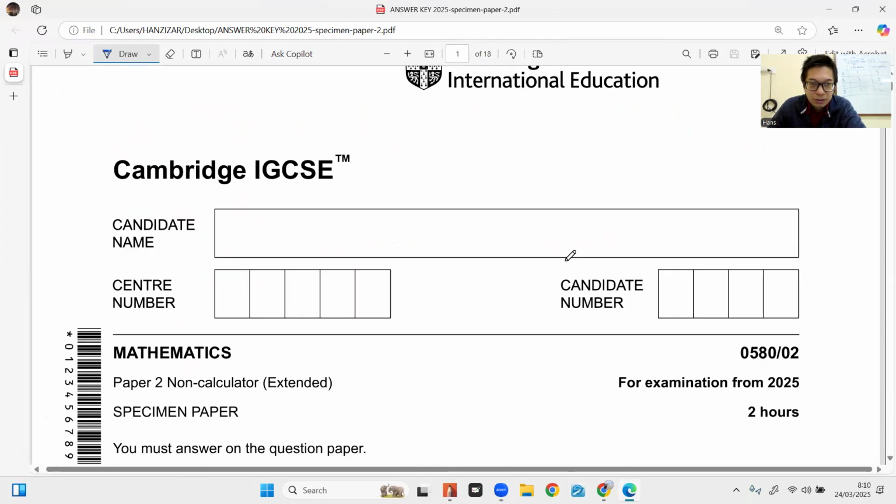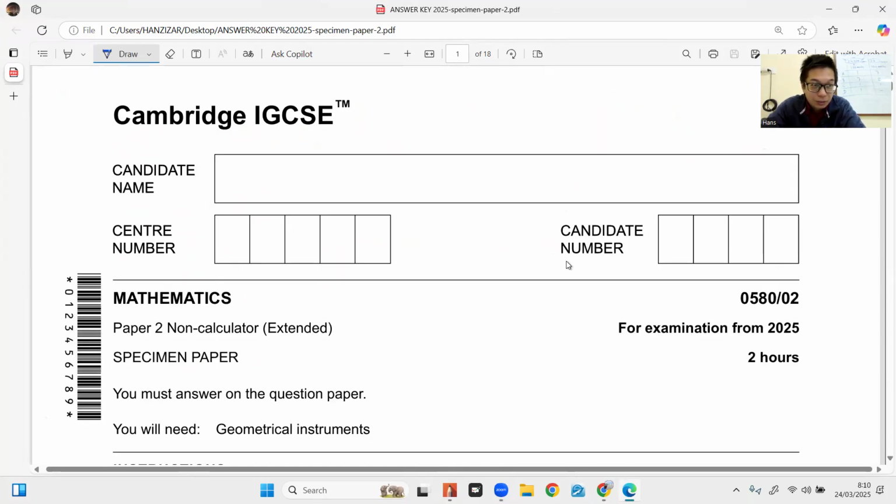First things first, you have to take note that your candidate name is always on your list, and it has to be in capitals. For example, my name is Bobby, so write Bobby Robson like this. The center number is two letters and a number, depending on your school, and the candidate number is also shown on your list later.